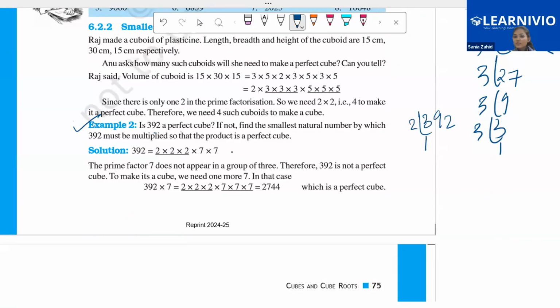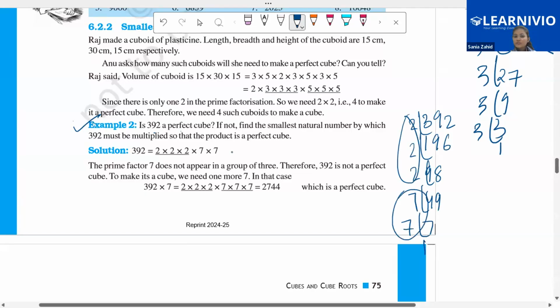So what do I get? 2 into 2 into 2 into 7 into 7. So this is what I get. Now I am able to see that 2 is occurring 3 times, but 7 is occurring only twice. So that means, is 392 a perfect cube or not? No, it's not a perfect cube.